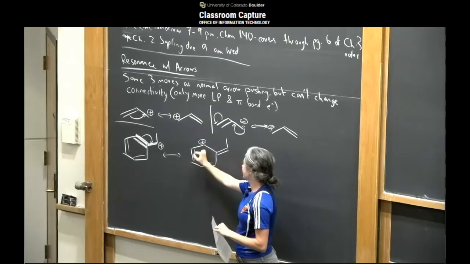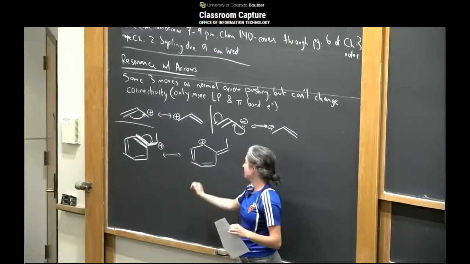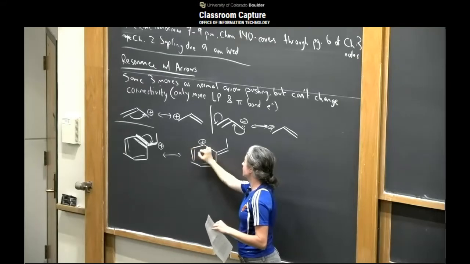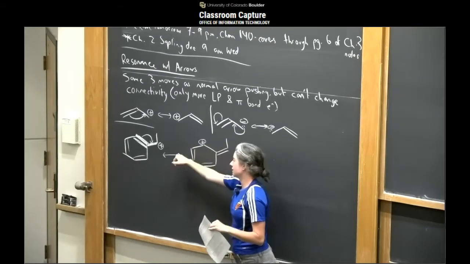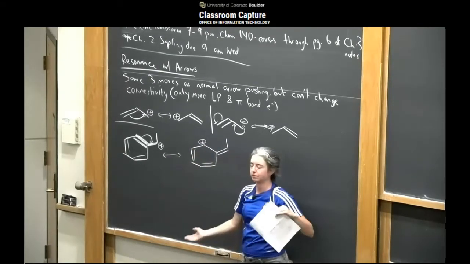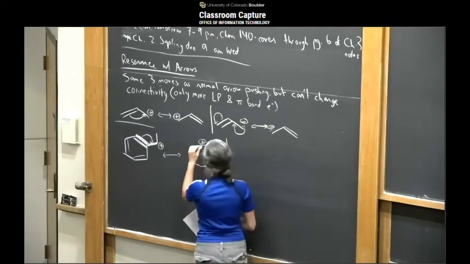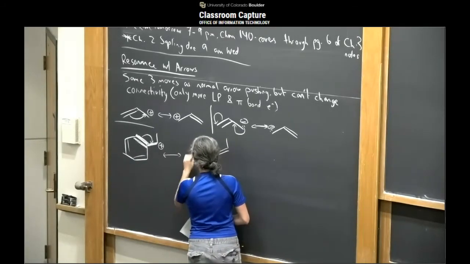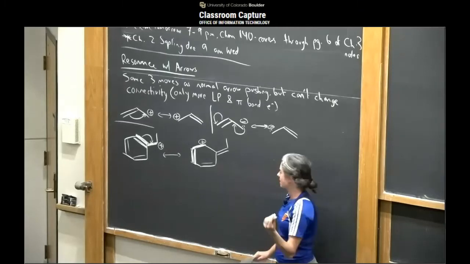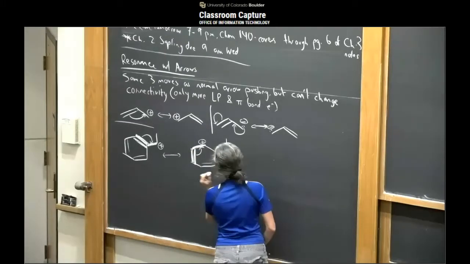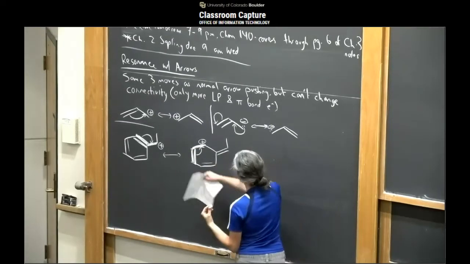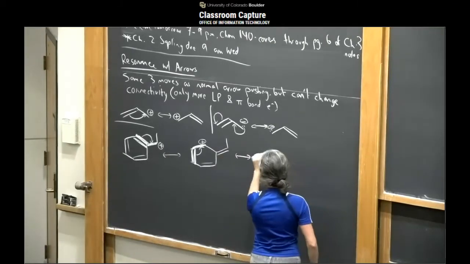Now we're at this resonance form, and again, we can look for a different 3-atom subunit. We could use the same one and push it right back to where we started, but that's not meaningful, as it's drawing another copy of the same thing. So instead, I'm going to look for that one now, and show resonance where I do exactly the same arrow pushing as I did in that real simple example.